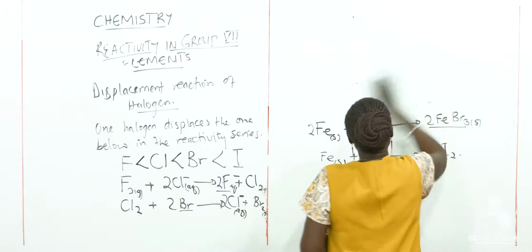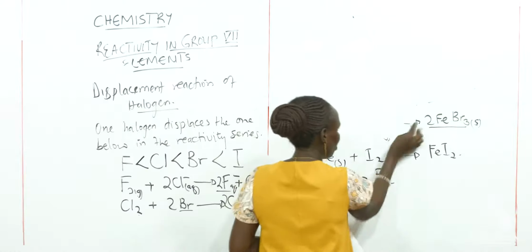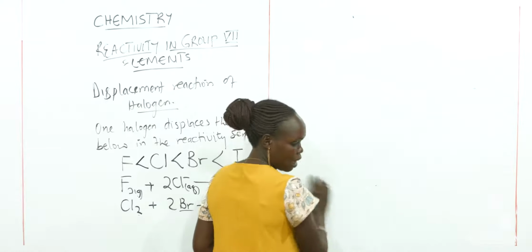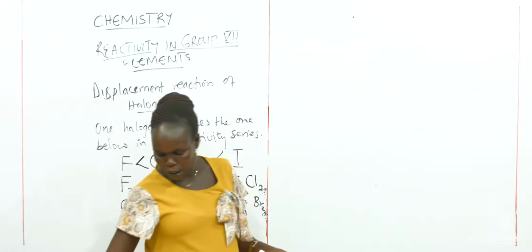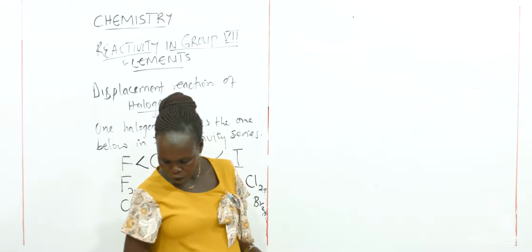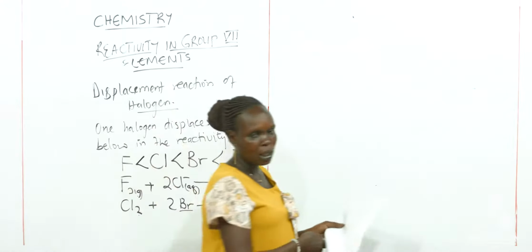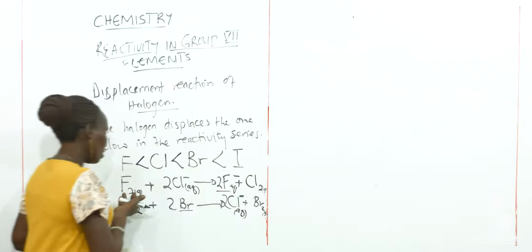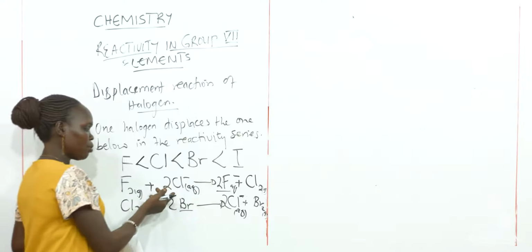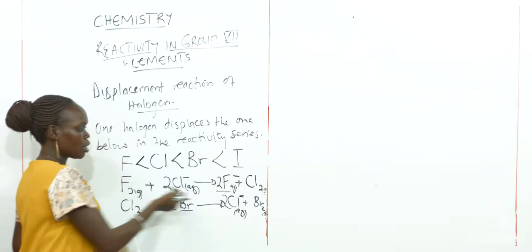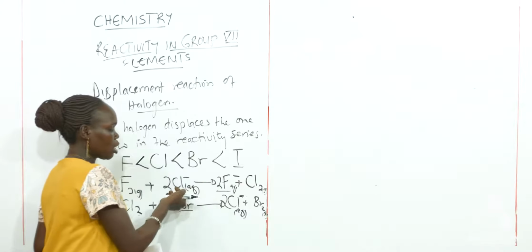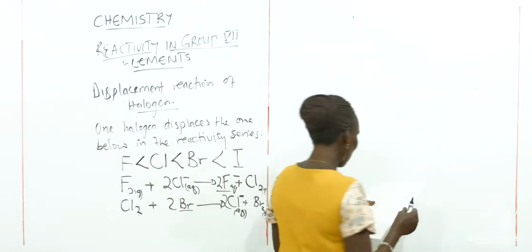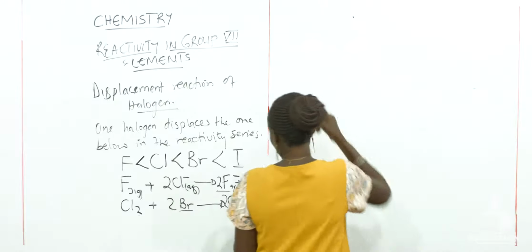This is known as the displacement reaction of the halogens. As we have seen, the least reactive is displaced from its compound, as with fluorine reacting with the chloride compound, where fluorine takes the place of the chloride. We have it also with bromine.